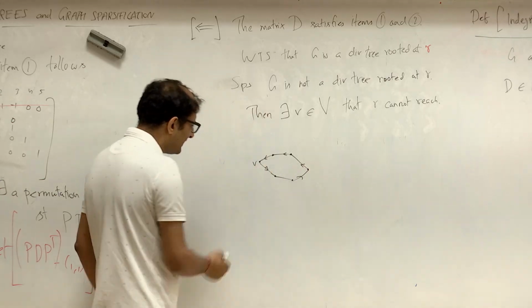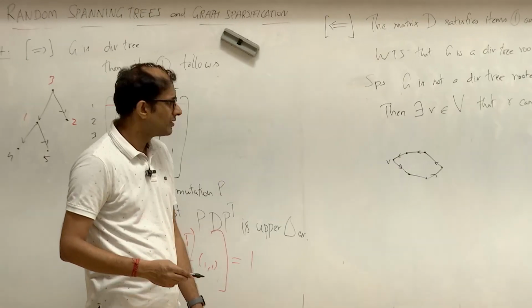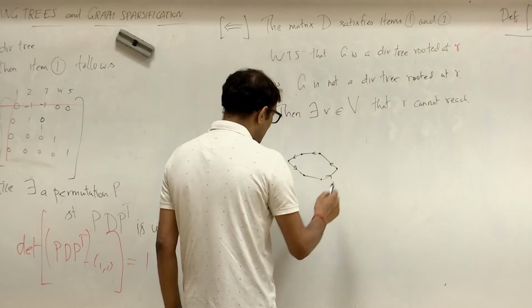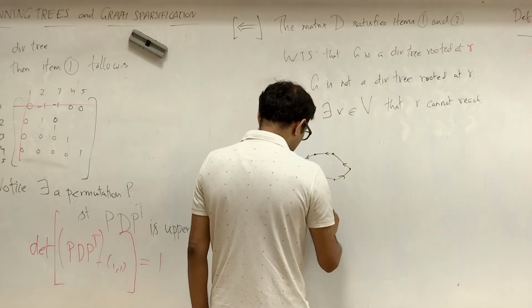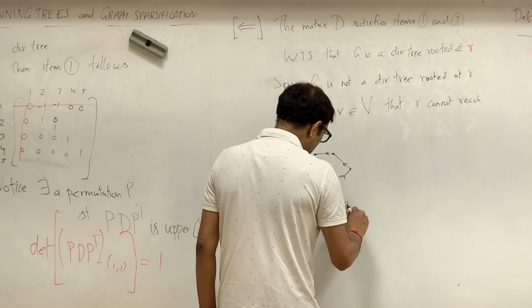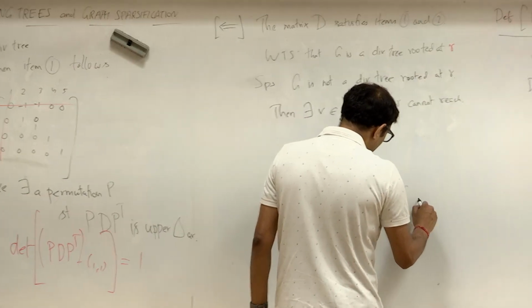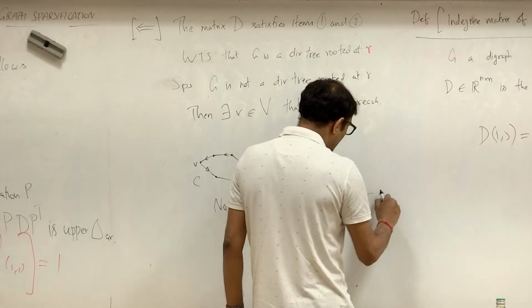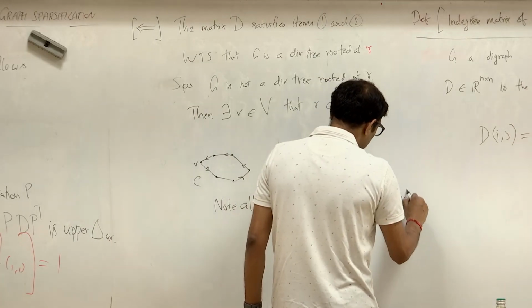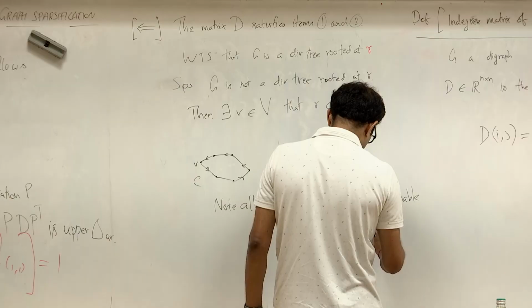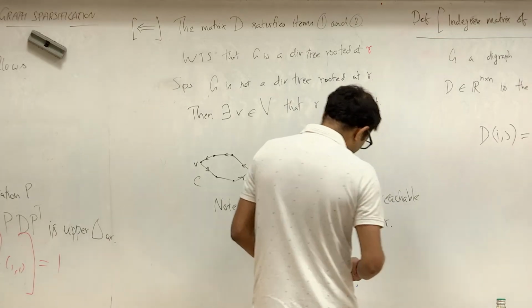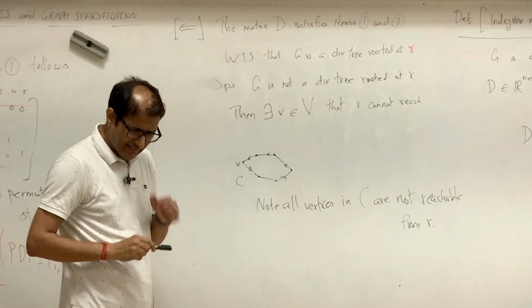Right? So you get a cycle, and this entire cycle is not reachable. This is a cycle, capital C. So what we have discovered is that all vertices in capital C are not reachable by the root.